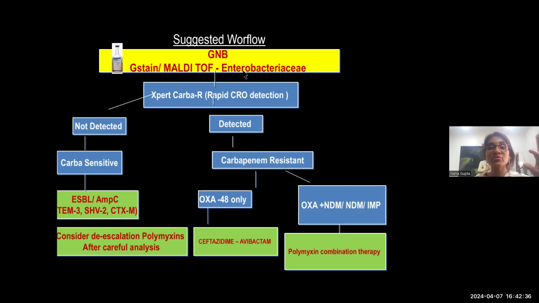And then on the GNB, we can perform a Xpert Carba-R that can help in detecting the carbapenemases. If it detects a carbapenemase, then it is a carbapenem resistant pathogen.